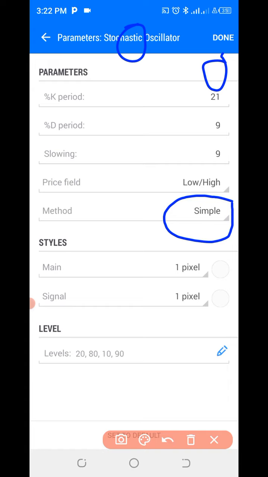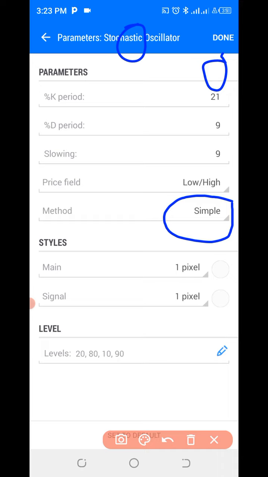The reason being that a simple 21 moving average will give you a signal that is too fast, so you tend to have a fake signal. But the exponential is a little bit slower, so it's going to filter the noise and the false signals. So that is what we actually do with this indicator.